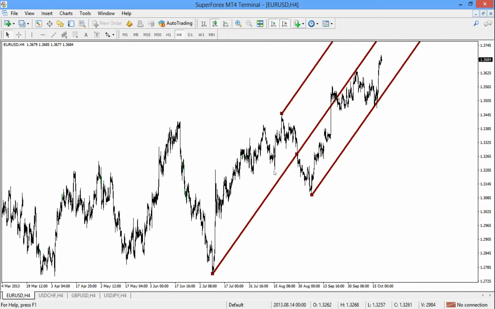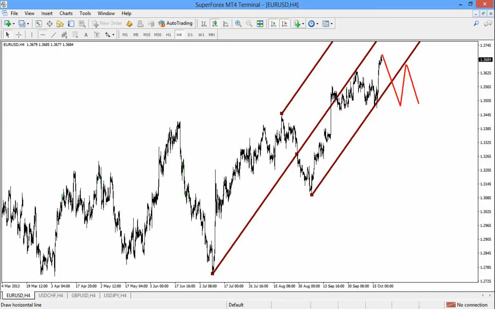It also works as a breakout strategy, because the main aim is that the market we are following has to break out. Once it breaks out, we wait for a retest and then we sell.